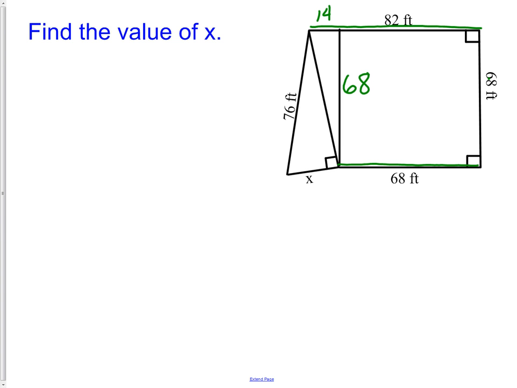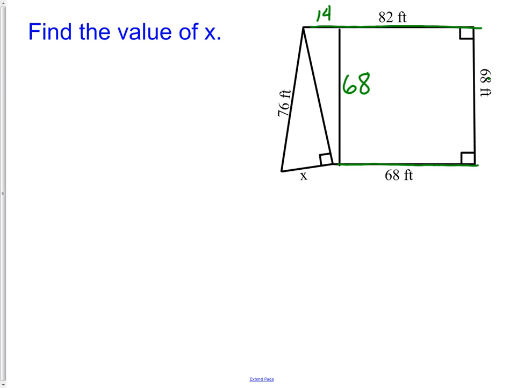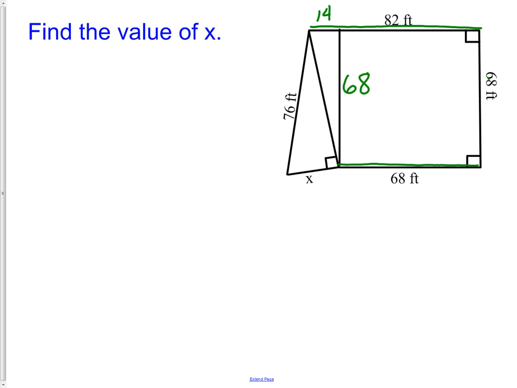We now have enough information that we can actually calculate out part of our triangle. We can do 14 squared plus 68 squared equals c squared. And notice the c will be right there.